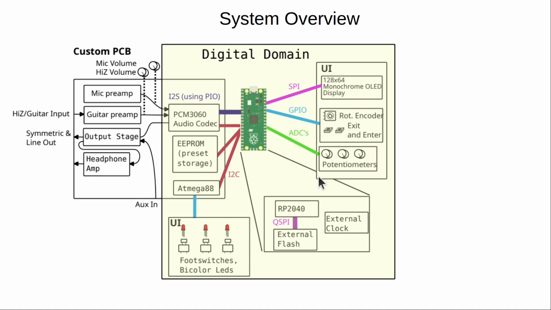The display is interfaced using SPI, the encoder and buttons are connected to the GPIOs and the potentiometers are read with the internal ADC. The second UI part consists of 3 stompbox switches and 3 big bicolor LEDs. They are attached to an Atmega88 acting as a port expander which communicates over I2C with the core.